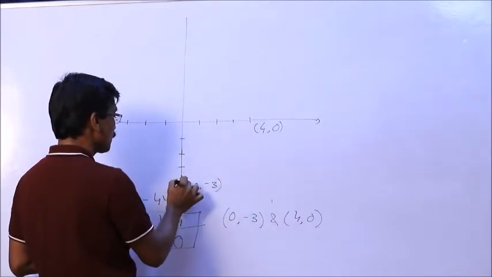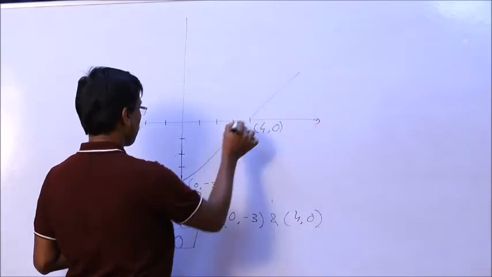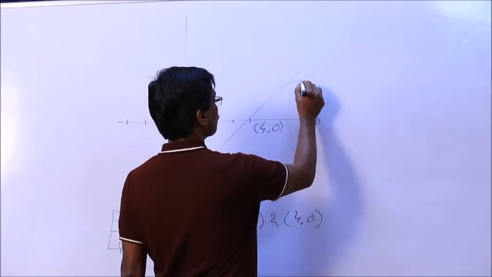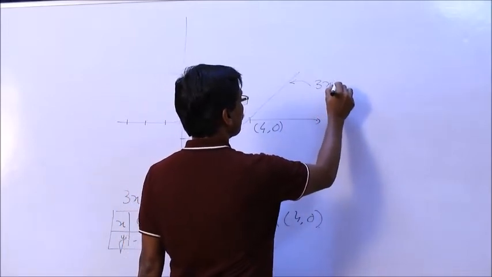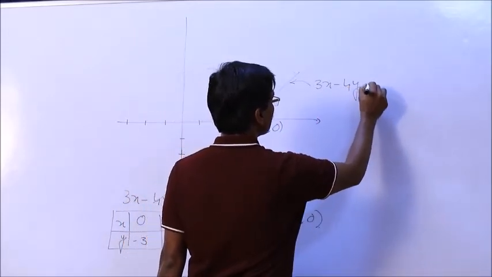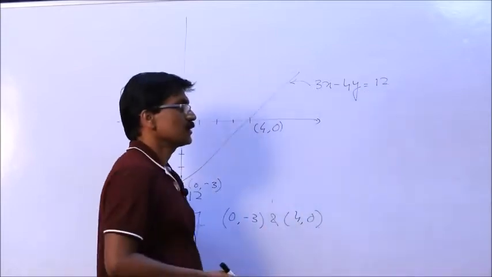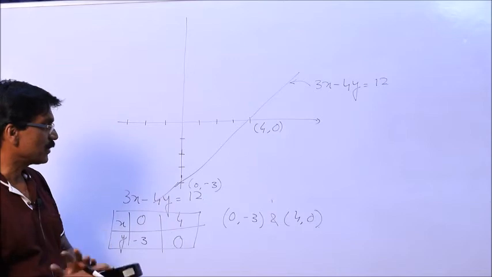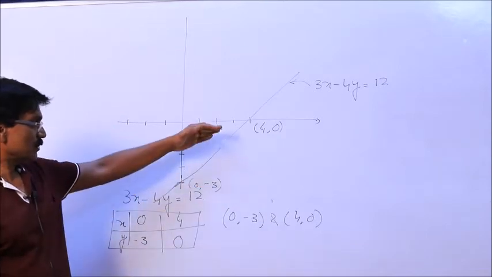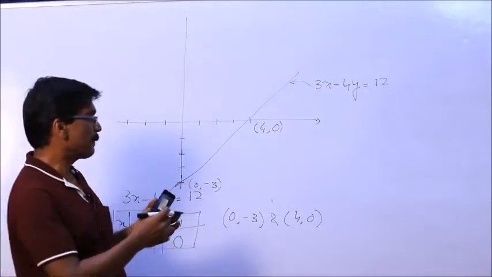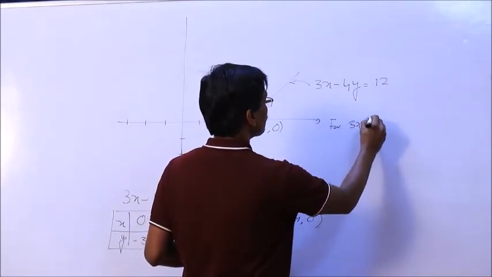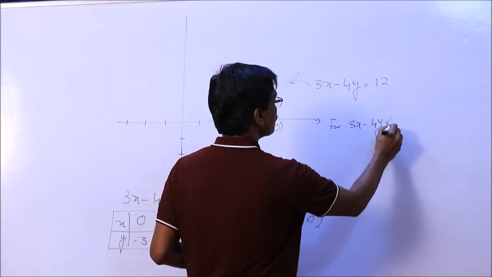So, we can draw this line. This equation is 3x minus 4y is equal to 12. So, this is an equation. If we make it an inequality, so for 3x minus 4y less than or equal to 12.